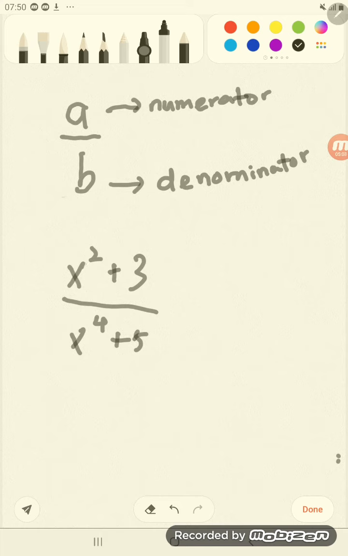The highest power of your numerator is 2, and the highest power of your denominator is 4. So basically, the denominator is greater compared to the numerator, or the numerator is less compared to the denominator. So you can say that this is what we call a proper fraction.